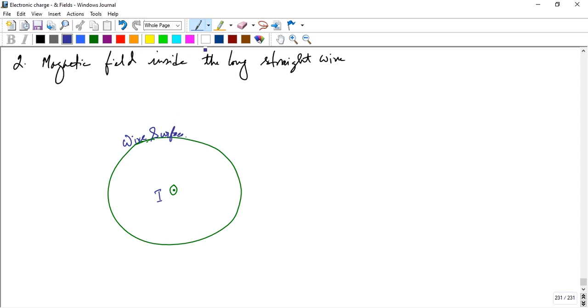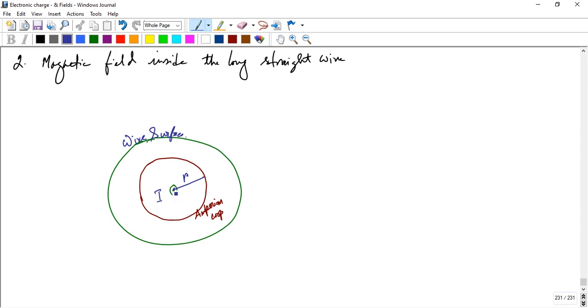surface, and we choose that Amperian loop inside that conductor. This line is the Amperian loop, and we choose its radius as small r.